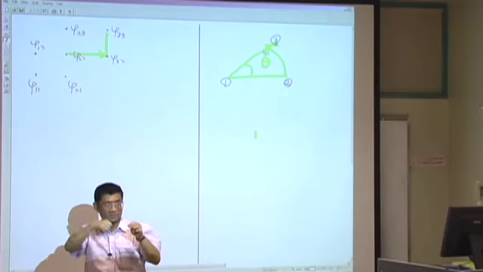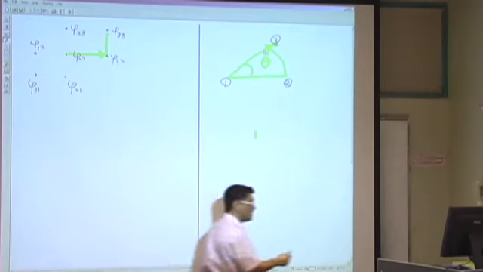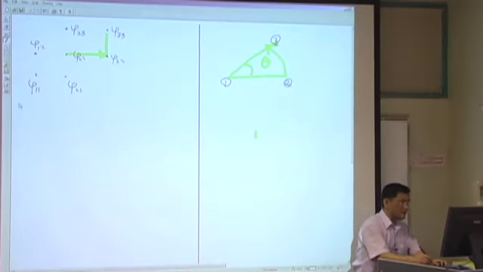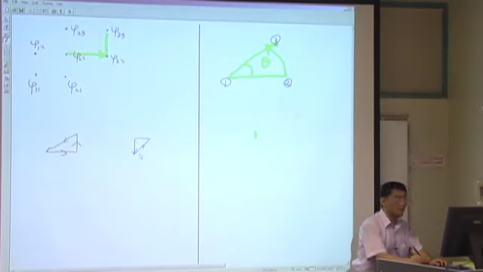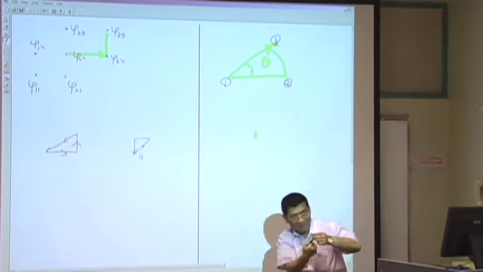So this is my first triangle. And similarly, the first triangle is this one in this direction, right? And the second triangle is this one, always counterclockwise.